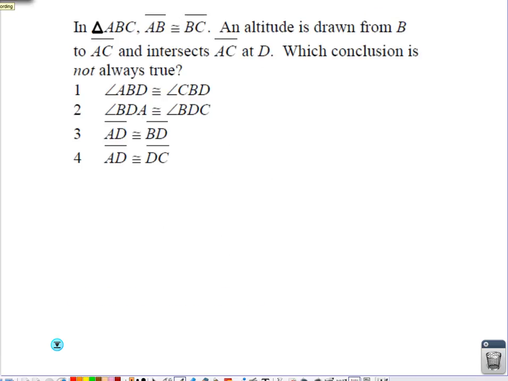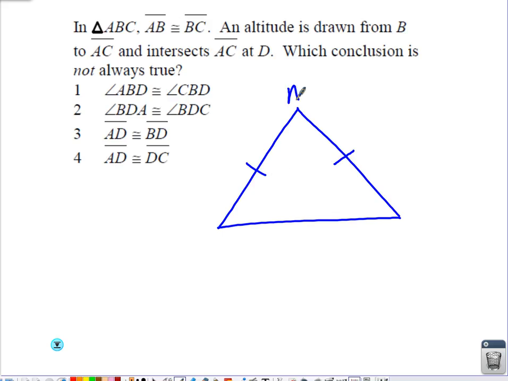It says in triangle ABC, and again, let's draw that. Triangle ABC. It says that AB and BC are the same. AB and BC are the same.